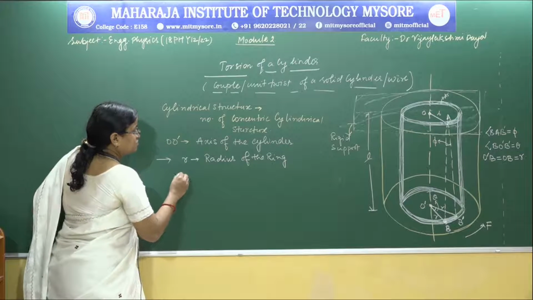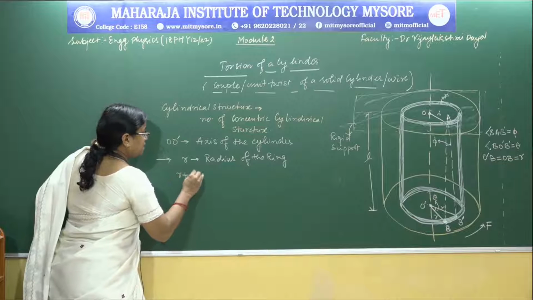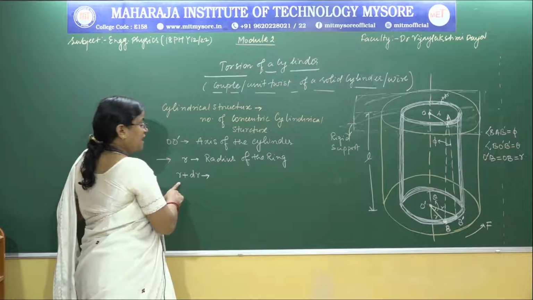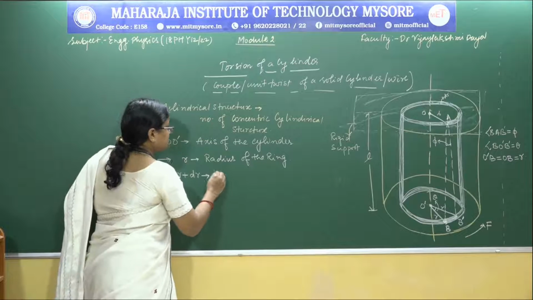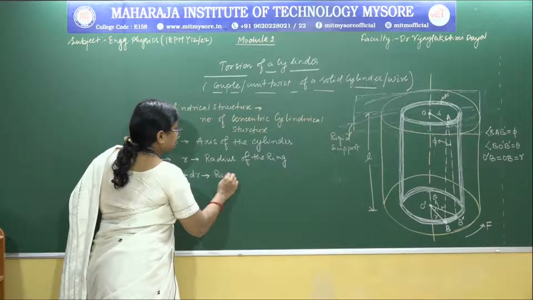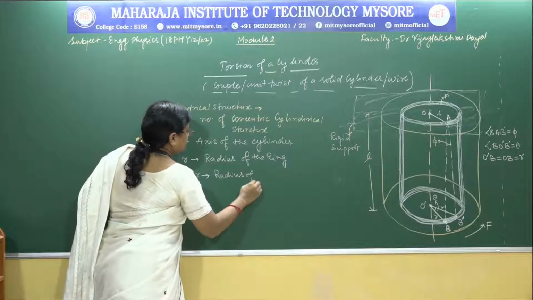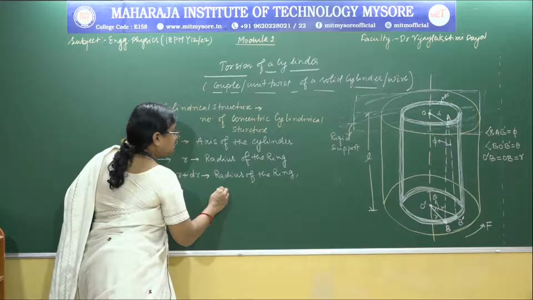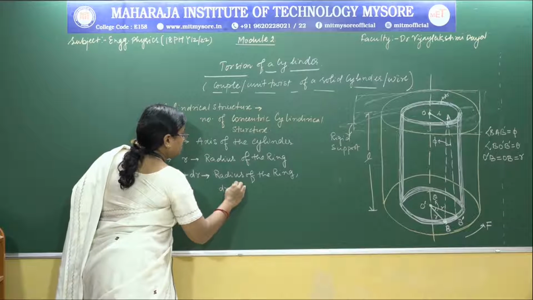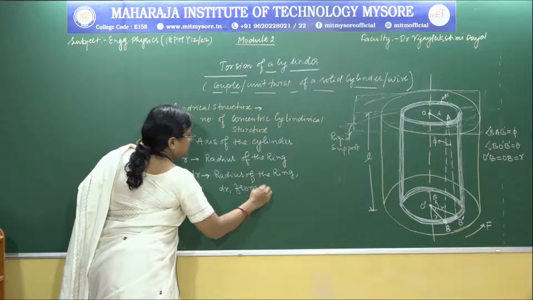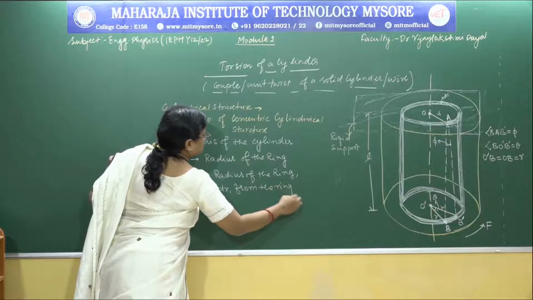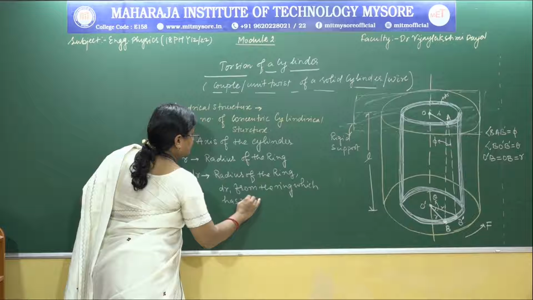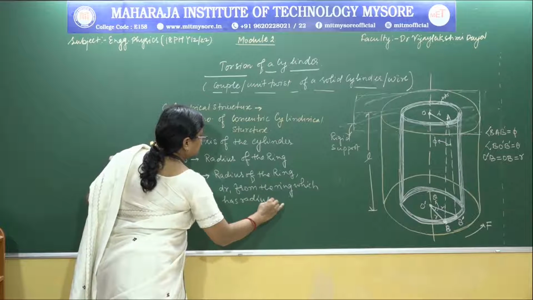Very close to it, we consider another ring of radius r plus dr, at a distance dr from the ring which has radius r.